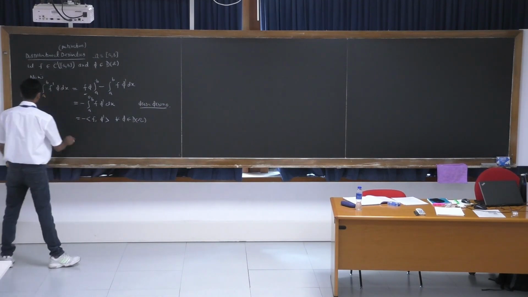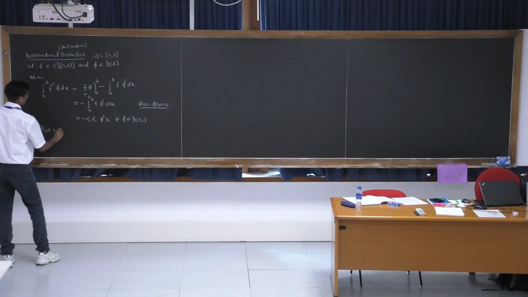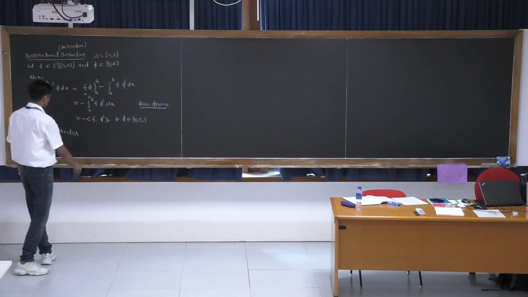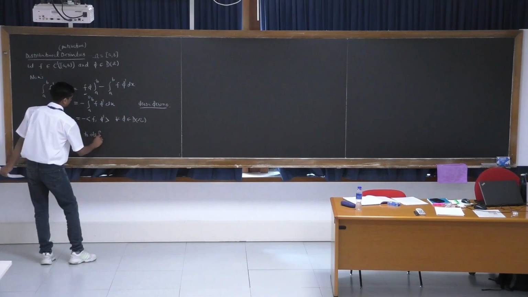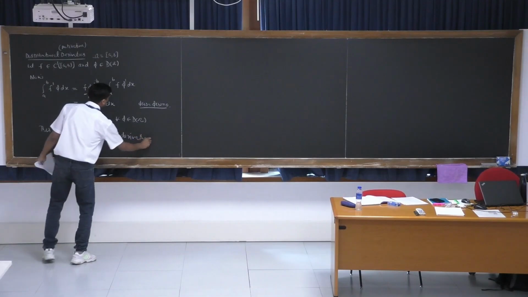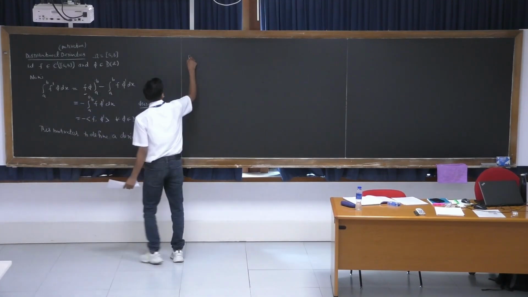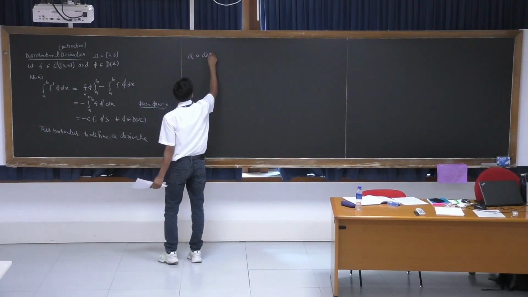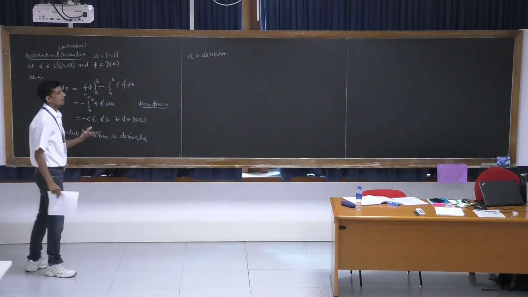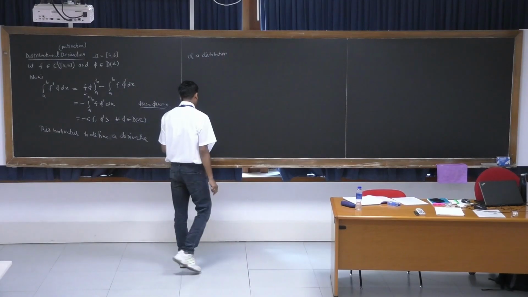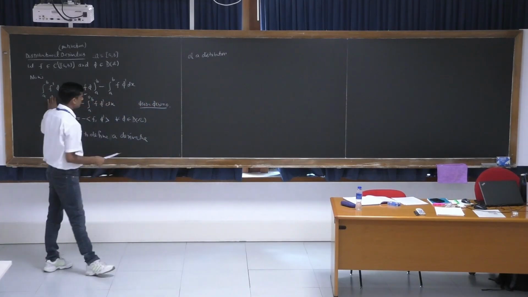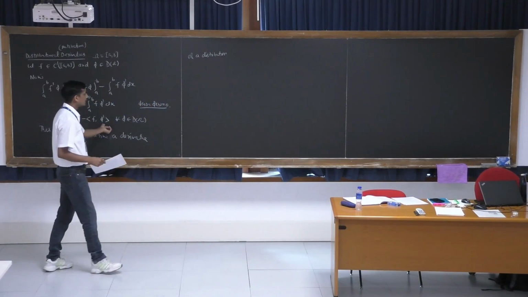So this motivates us to define a derivative of a function, or you can say a distribution, because here we can consider that f works in some sense as a distribution. So of a distribution, since f can be a distribution here, it can be written in this way.